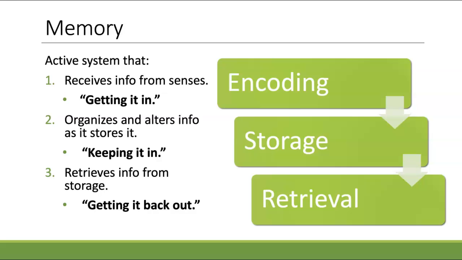Now, as far as we know, the brain seems to have unlimited storage capacity. It can actually process and store a lot of information at once. And this can occur consciously or unconsciously. For example, when we're studying for an exam, we are consciously trying to memorize and store that information. But if I ask you what you did last weekend, you might be able to think back and tell me what you did, even though at the time you weren't consciously trying to store that memory.